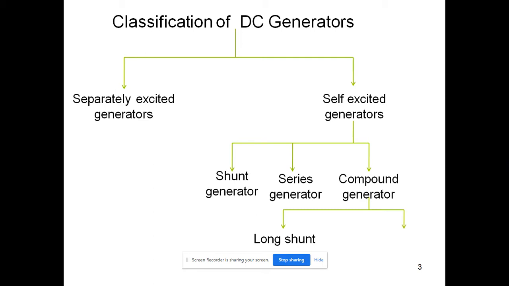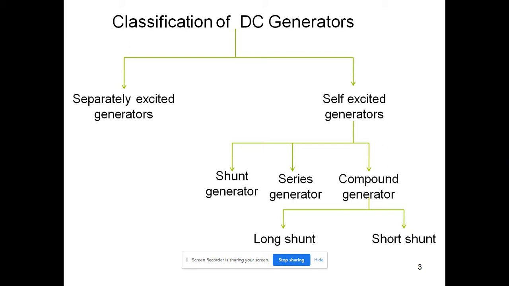And the other type is short shunt generators. Short shunt generator means the shunt field here is connected in parallel to the armature only.